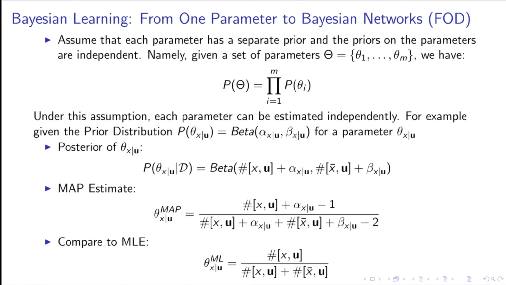Now let us generalize our Bayesian learning approach from the one parameter case to multiple parameters, namely a Bayesian network, under the assumption that the data is fully observed, or the FOD case. So FOD, if you remember, stands for fully observable data.